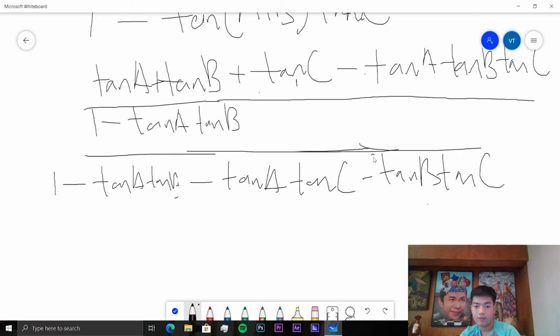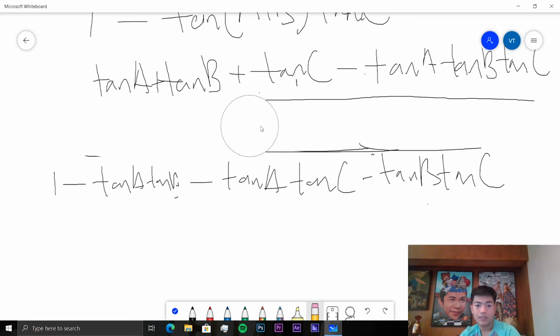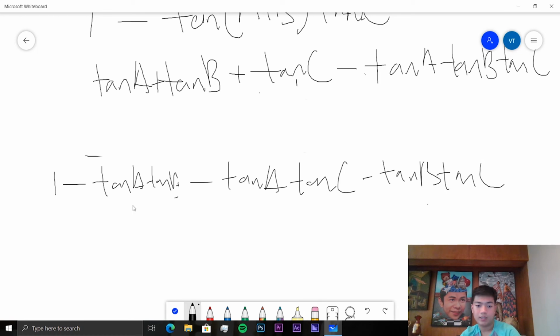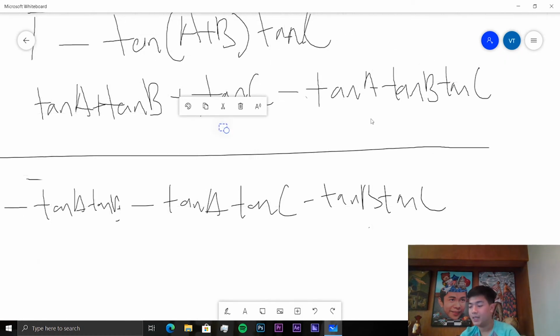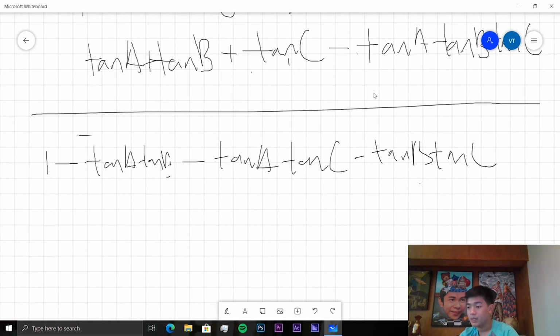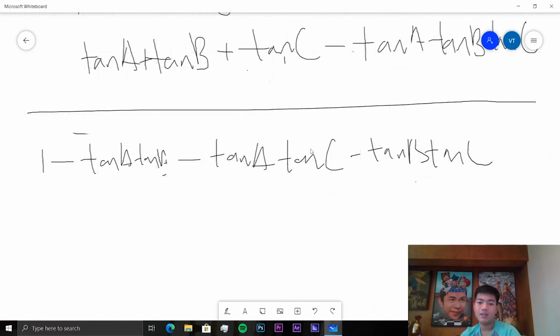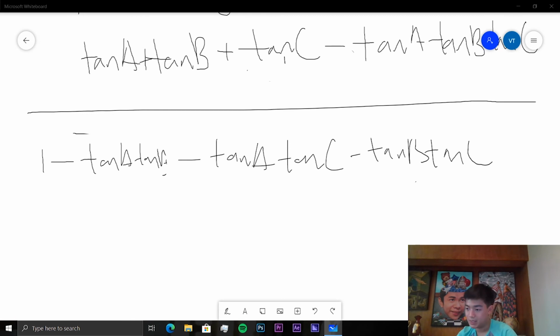So this is a very long fraction. But as you can see, we can simplify it into this monstrosity. So it's tan a plus tan b plus tan c minus tan a, tan b, tan c over 1 minus tan A tan B minus tan A tan C minus tan B tan C.